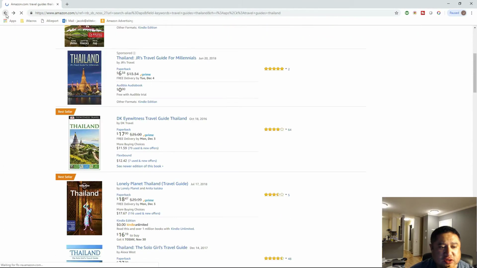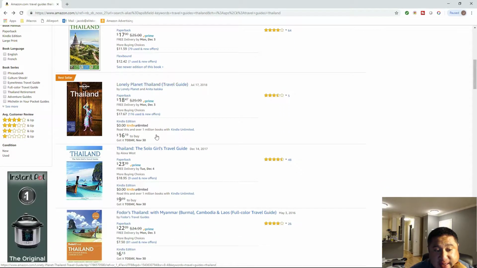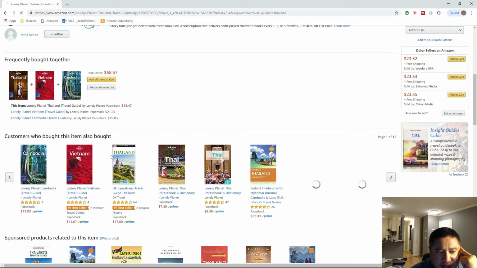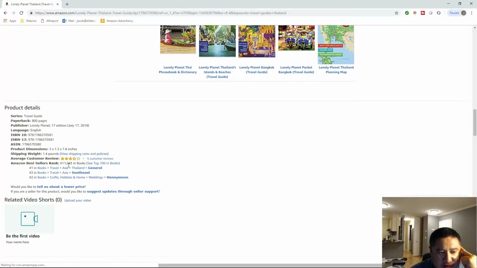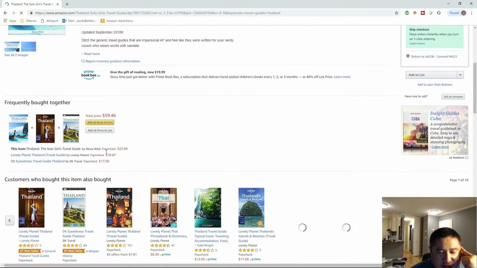And usually the most popular times to go there are during November and December. And I've spoken to some local Thais here in the Bay Area, and they highly suggest going there in November and December as well, when the weather's good. So right now, we're going to see a big spike in rankings for books related to travel guides in Thailand. And I'm just showing you that as proof.